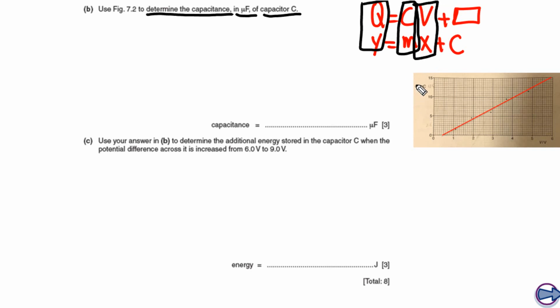And this is the case. So we simply need to find the gradient of this line, and the gradient will be equal to capacitance.